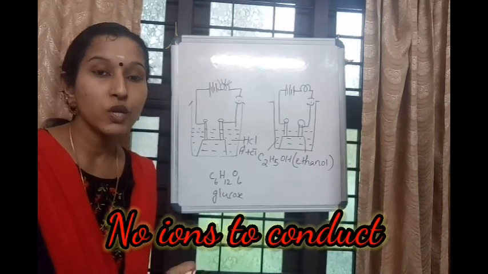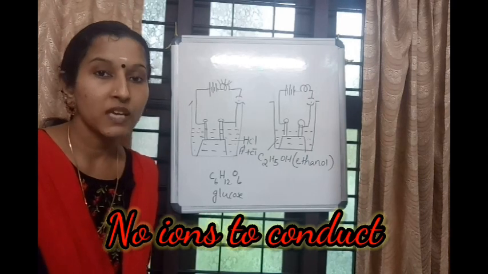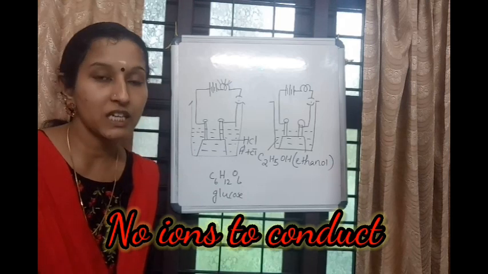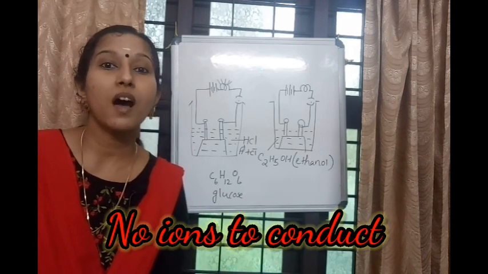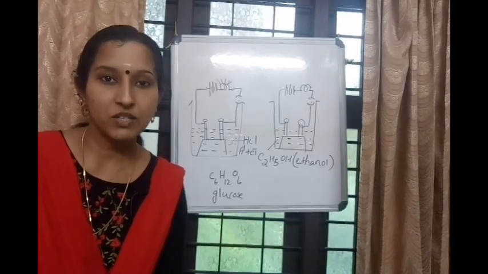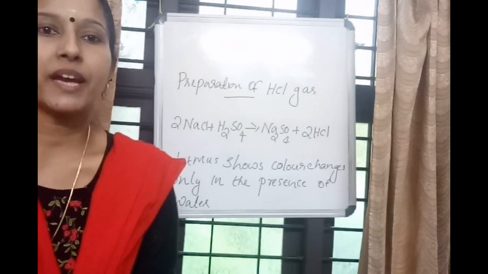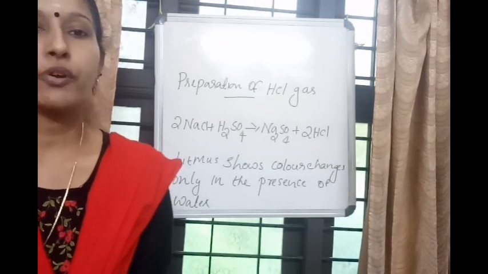The glucose or the ethanol does not give ions. If there are no ions, there will be no conduction of electricity, which means all hydrogen containing compounds are not acids. Now we are about to discuss a textbook activity, Activity 2.9 and figure 2.4.